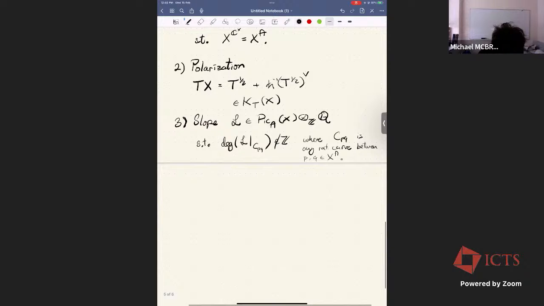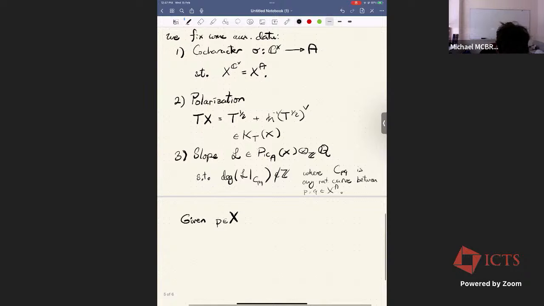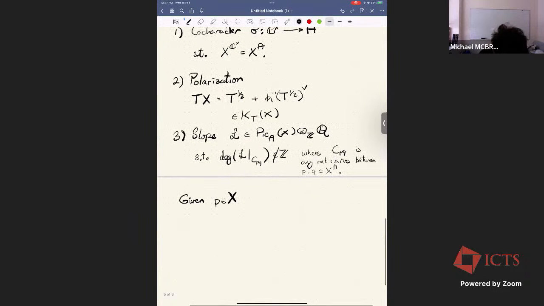Now, those are three pieces of data: a co-character, a polarization, and a slope. Given this data, we can define an ordering on the fixed points of X. How do we do it? The idea is more or less that one fixed point is bigger than another if it's upstream from it with respect to the scaling action of this co-character.